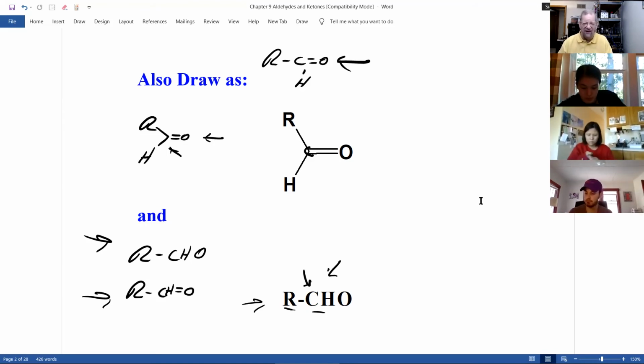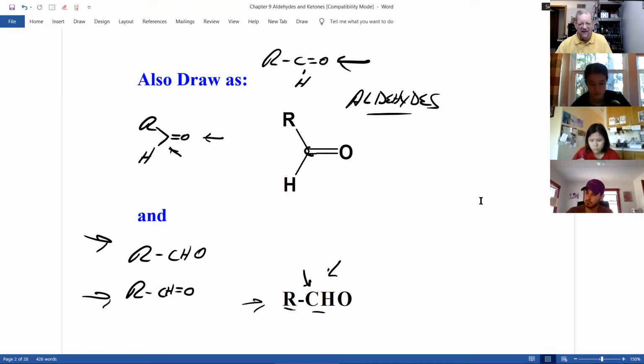And these are aldehydes. Again, carbon double bond to oxygen. It's got a hydrogen and R group on that carbon that's double bond to oxygen, aldehyde.